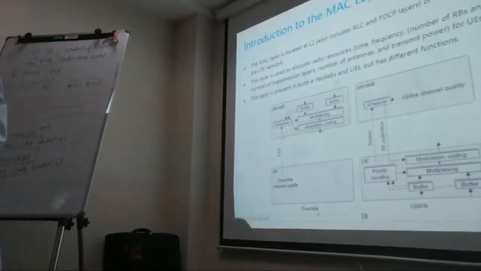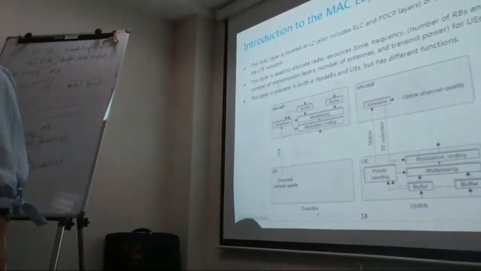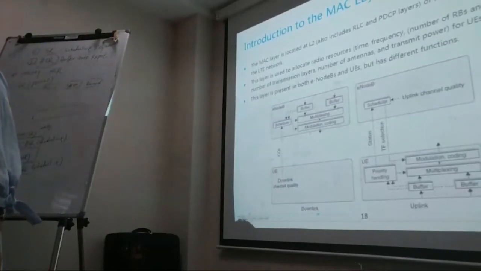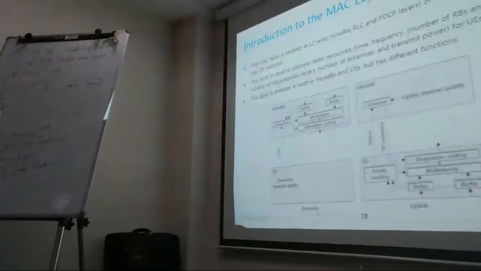But in this condition, if we only consider the priority, the lowest priority channel maybe never has the opportunity to transmit data, right? So we give it a PBR. We can think of it as a guaranteed bit rate. That means even if you have a lower priority, I will guarantee you can transmit these bits.